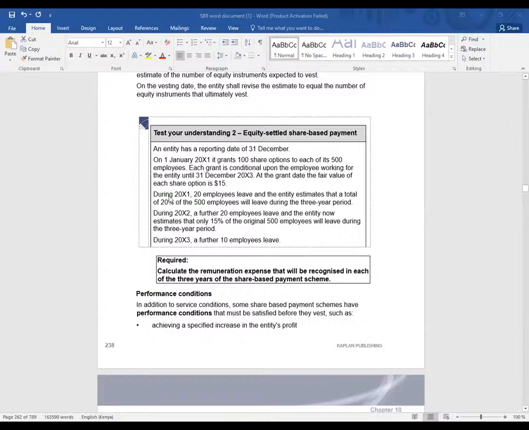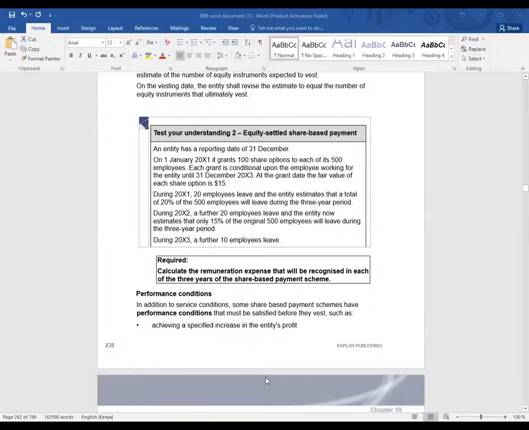During 2021, 20 employees actually leave. And the entity estimates that a total of 20% of the 500 employees will leave during the 3 years. When they use that word total, even those 20 employees who left are within that total.